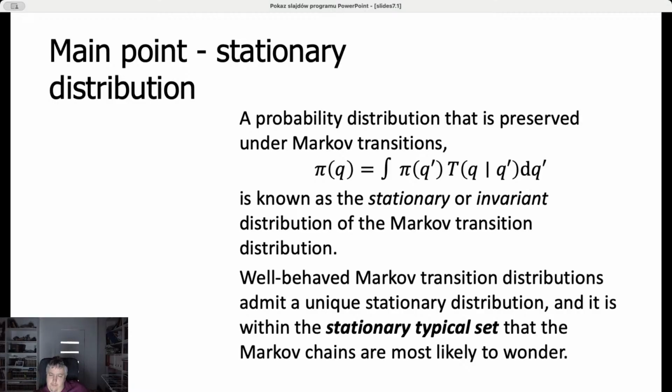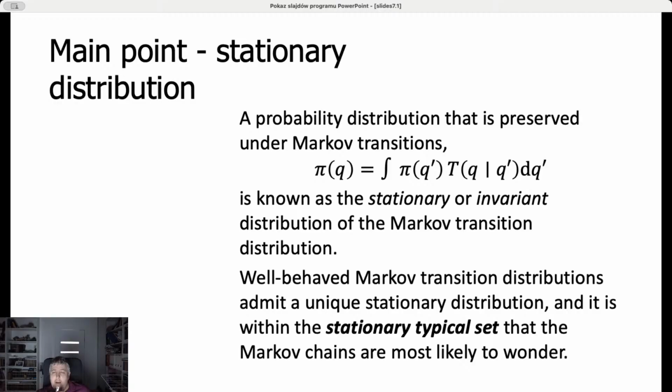In practice, a well-behaved Markov transition distribution will admit a unique stationary distribution. And that is important for us because the Markov chain will wander over the probability space as long as we let it.